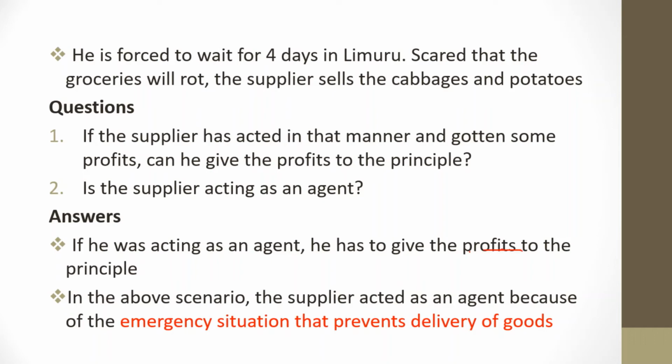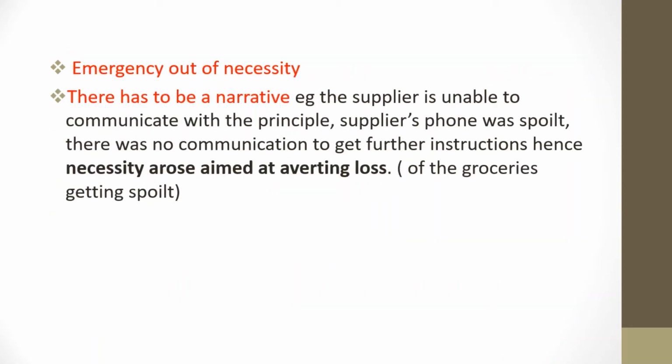And the other thing is that for this sort of agency relation to arise, there has to be an emergency situation that prevents delivery of goods. Pay close attention to this way of establishing an agency relation. There has to be an emergency that makes it impossible for the agent to communicate with the principal, and also they may be acting as a result of trying to protect the principal's goods from getting destroyed.